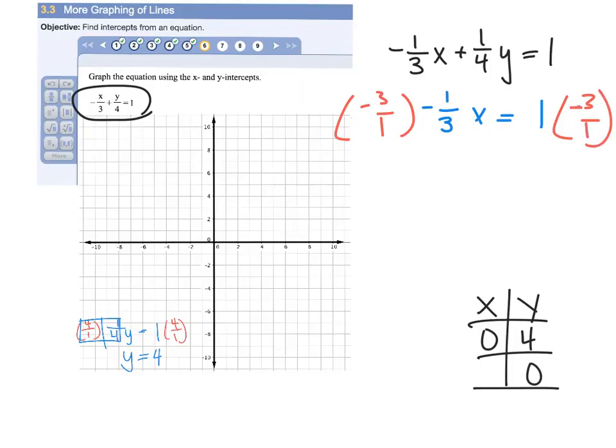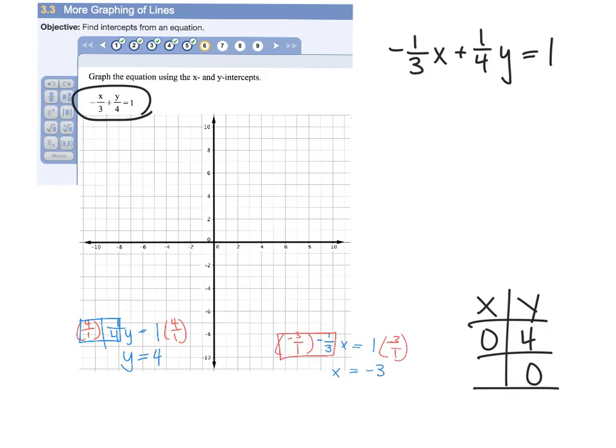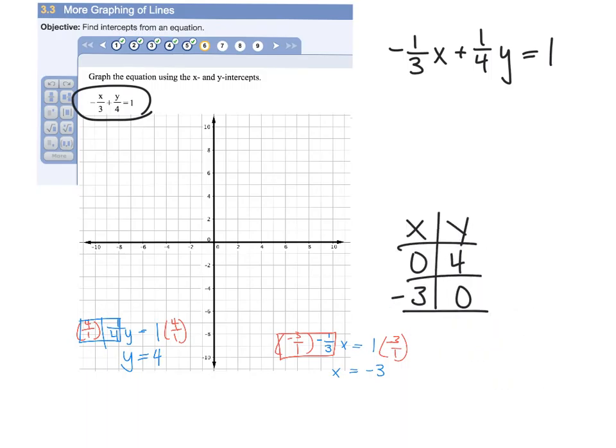And so, of course, this right here is equal to 1. So we end up with just x on the left side. And on the right side, we end up with negative 3. So when y is 0, x is negative 3. And that is our table down here.